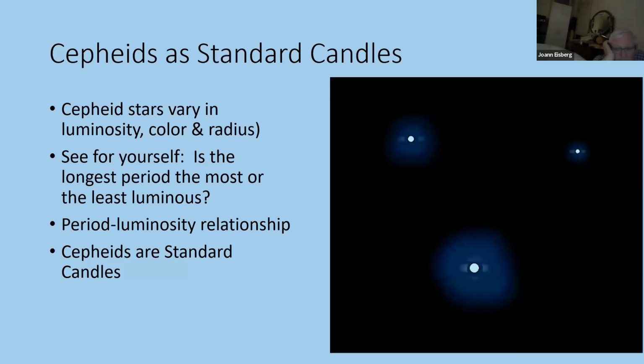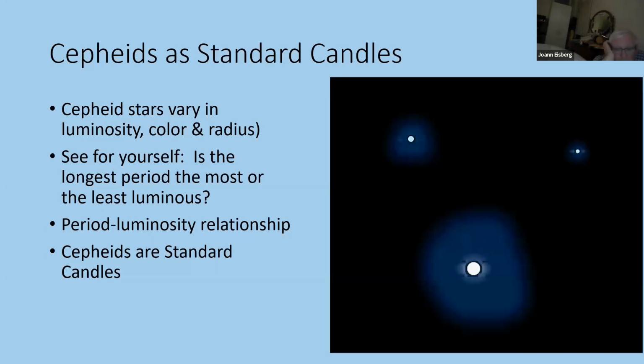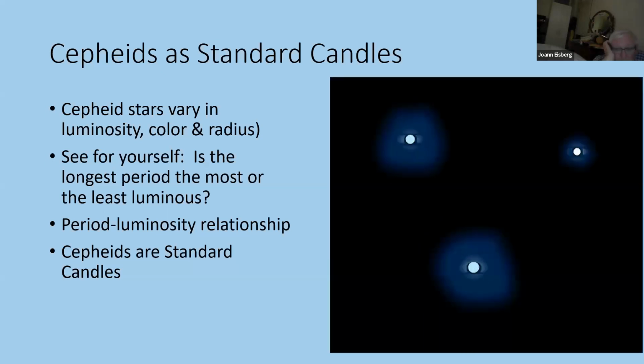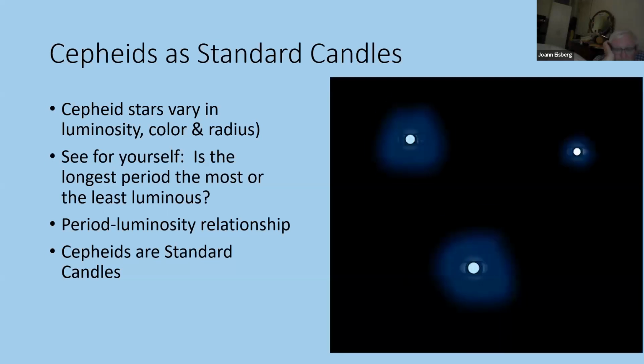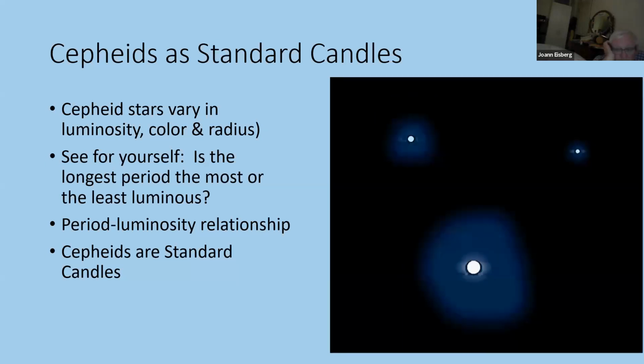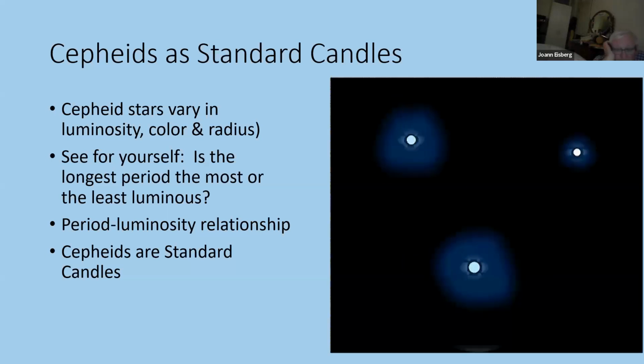The longest period goes with which, most or least? Longest cycle definitely goes with the most luminous in this particular picture. So that's a period luminosity relationship.